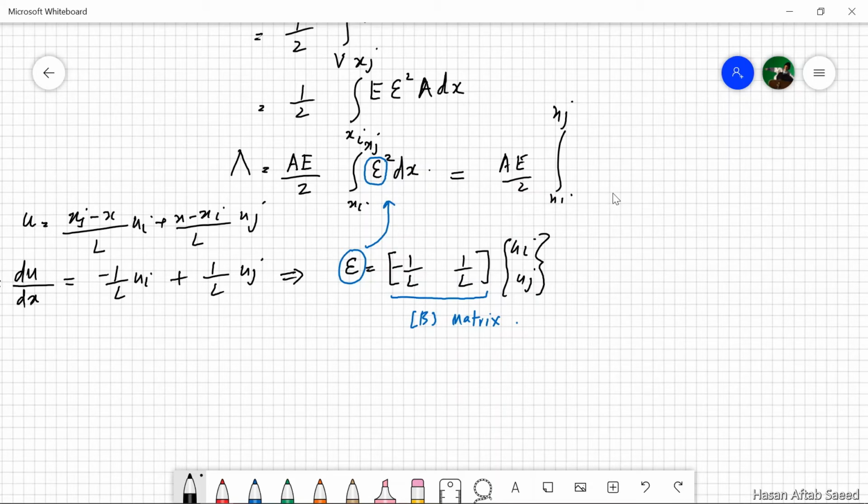So by the rules of matrix operation, we will write this expression as B transpose, and now comes the B itself.